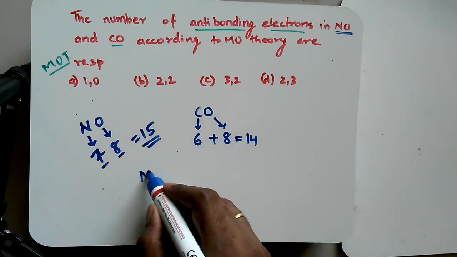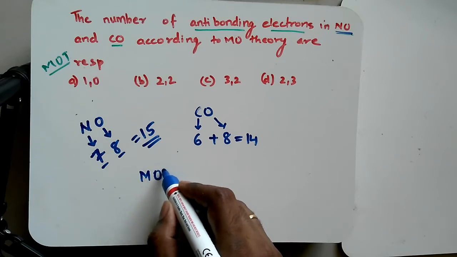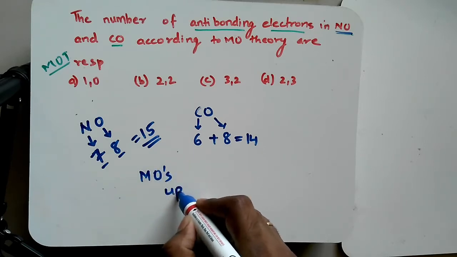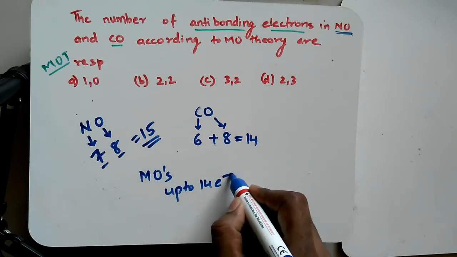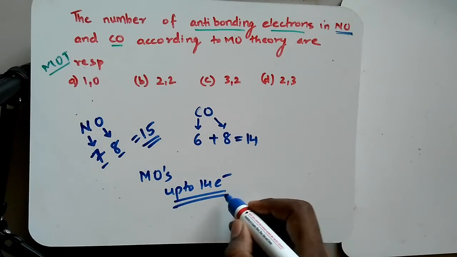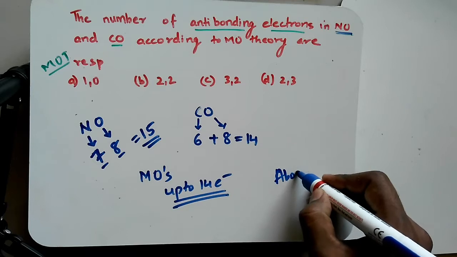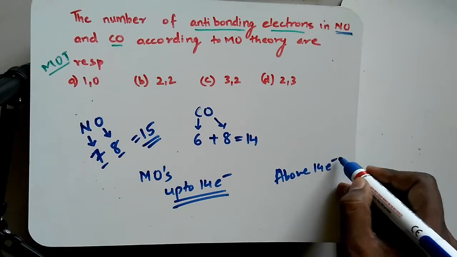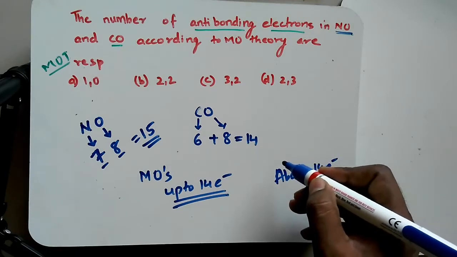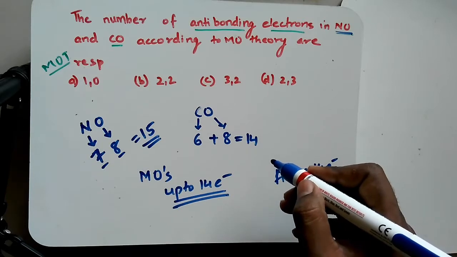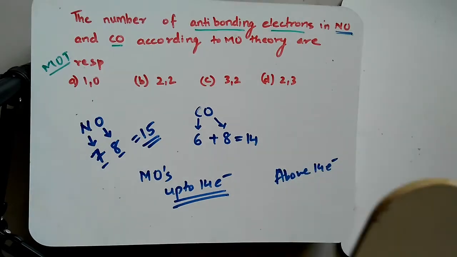Now remember, when we are drawing the molecular orbitals, up to 14 electrons we have one molecular orbital diagram, and above 14 electrons we have another, a second one. I will show it to you now.